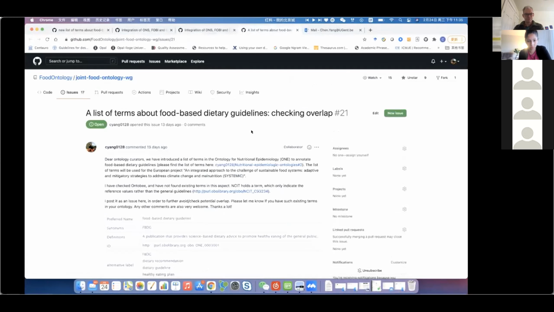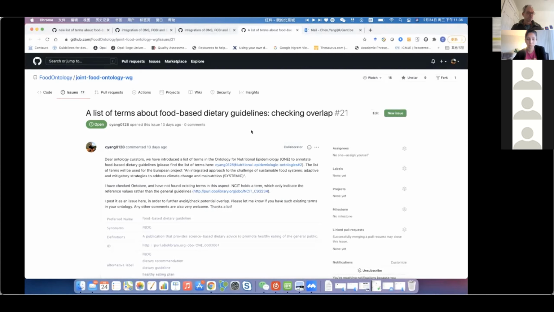Also, I also posted an issue in our joint food ontology working group. The main reason is that I really want to avoid the overlap. In case there are some other initiatives who already have this list of terms in their ontology, we would like to borrow those terms from the existing ontologies. This is why we have this joint food ontology initiative, to check the overlap.